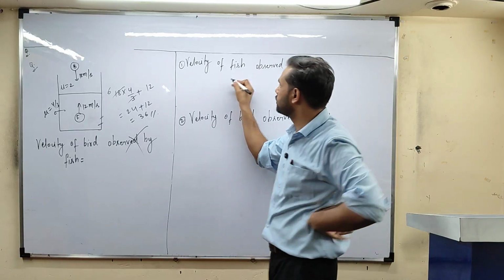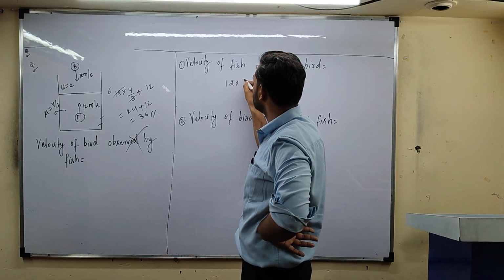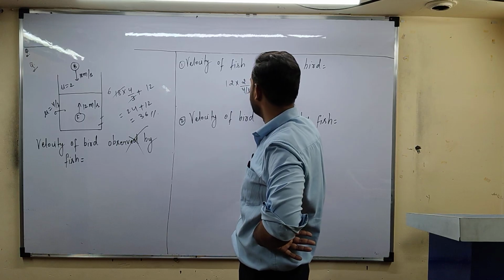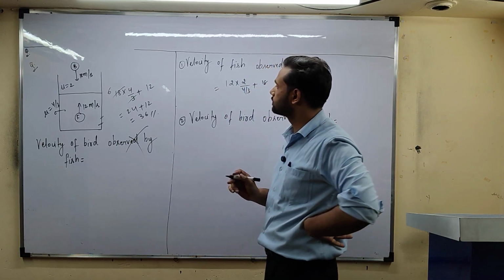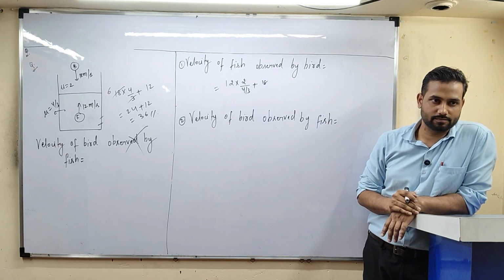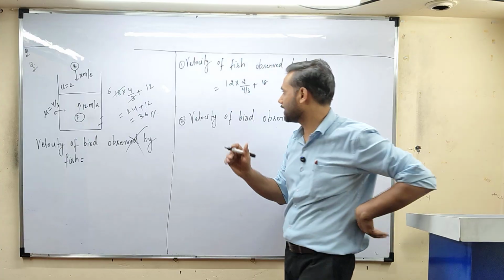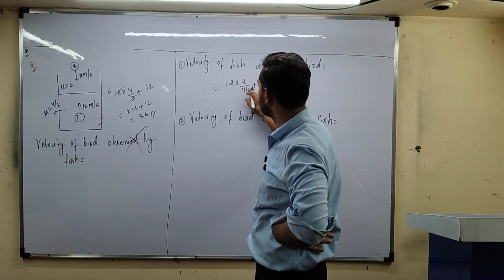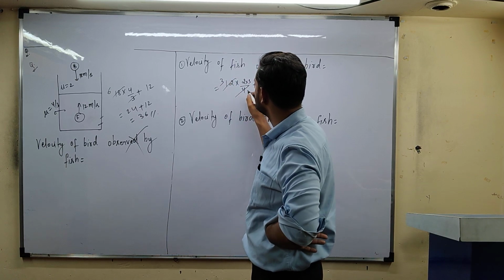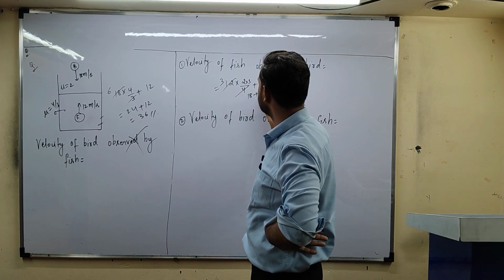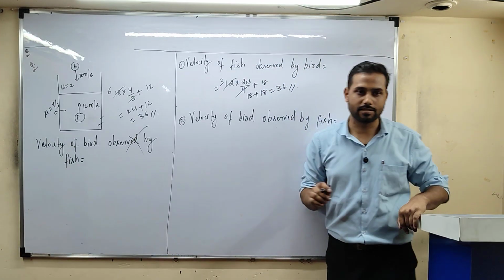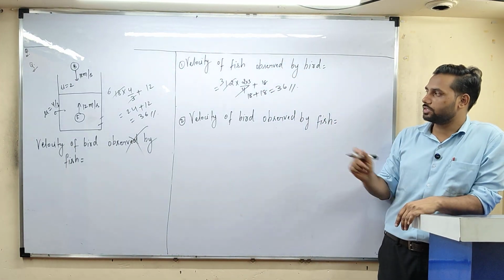Here you will do 12 into 2 by 4 by 3 plus 18. Yes or no? After solving, what will you get? You put this one above into 3, 4 3s are 12, 3 6s are 18, plus 18. Is it 36? What about this one?